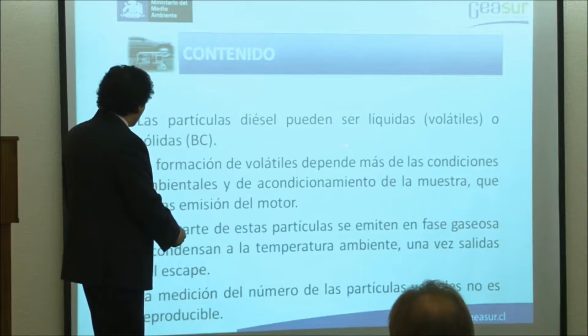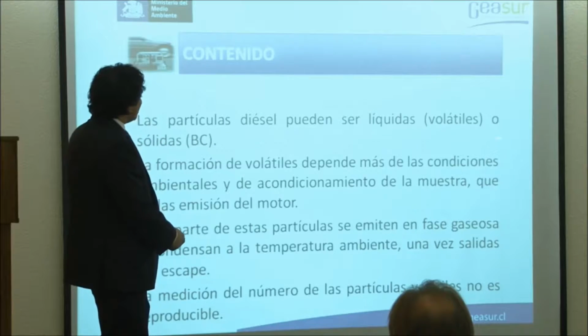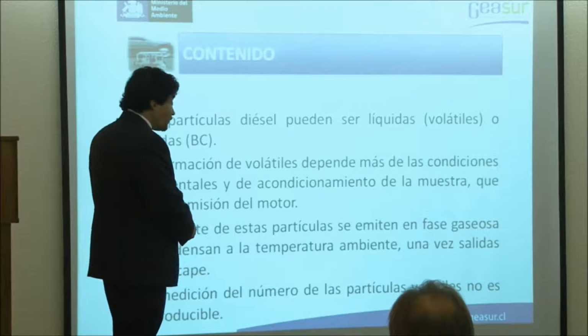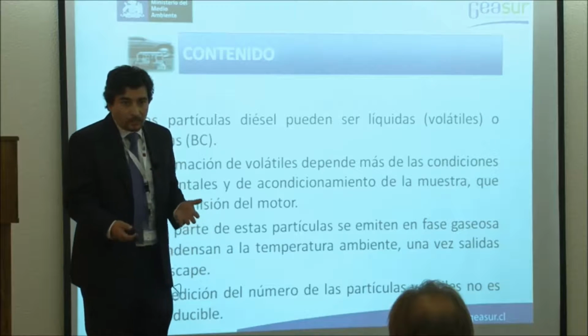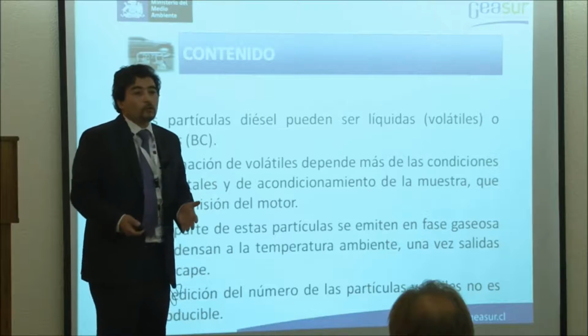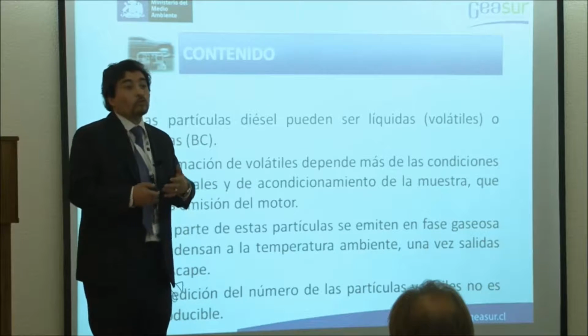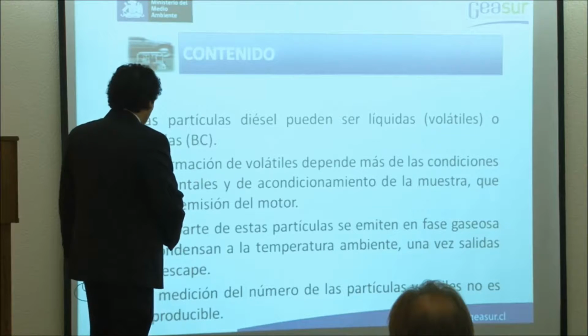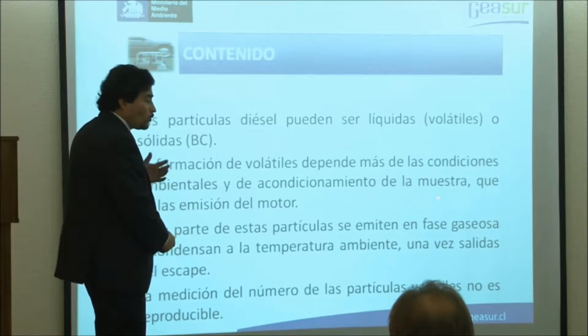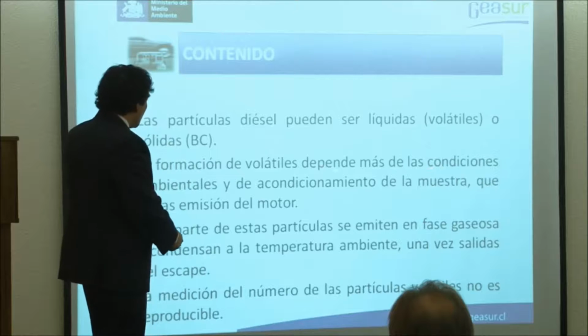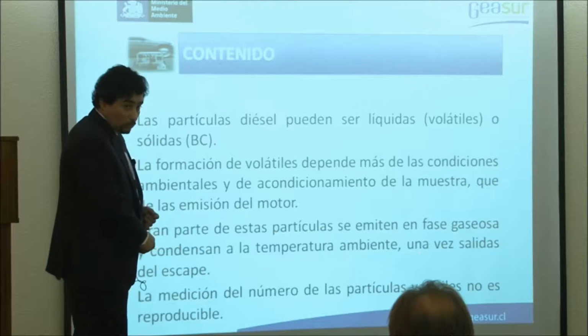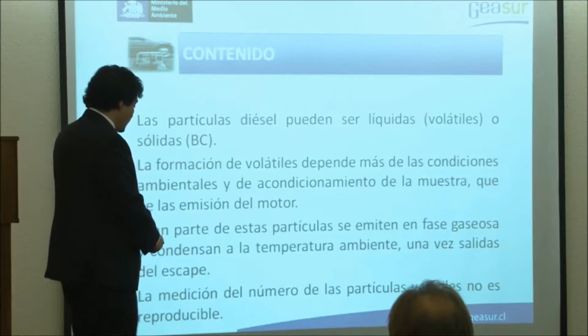On the other hand, like we were saying, the diesel particles can be liquid, volatile, or solid, like black carbon that we've been talking about in previous presentations, and its effect as a greenhouse pollutant. The formation of volatiles depends, as we saw in the graph, more on environmental conditions and sample conditioning than on the engine itself.